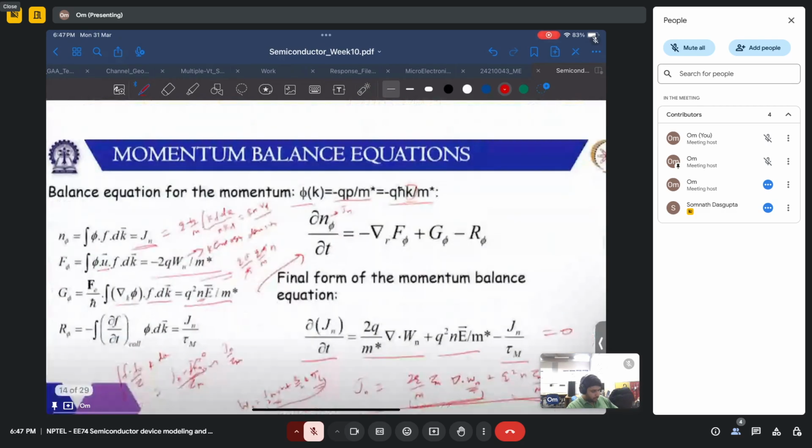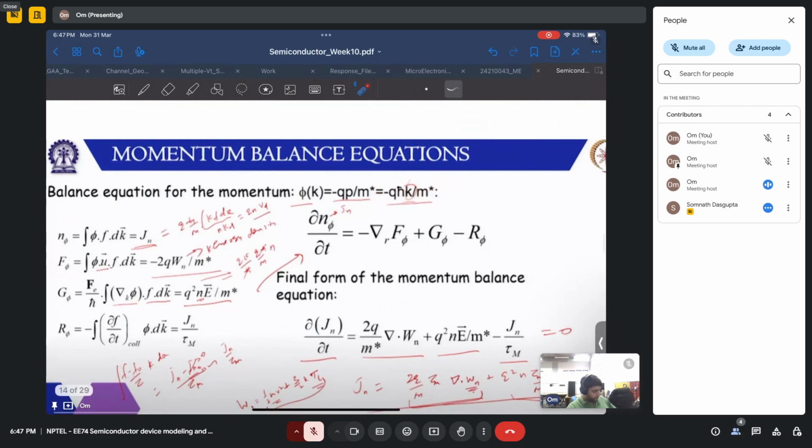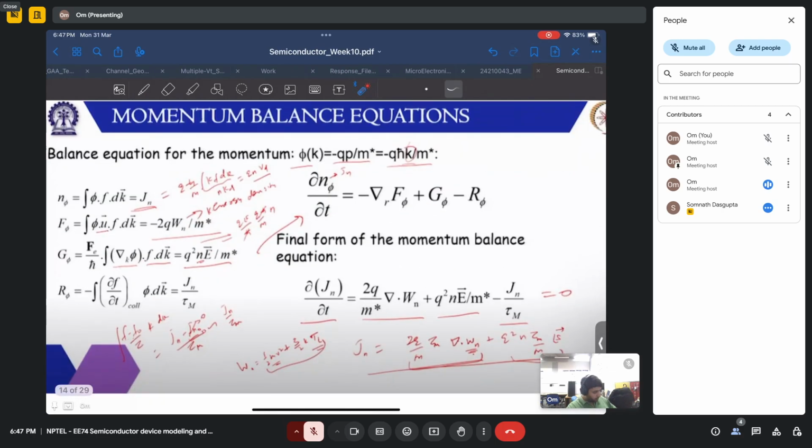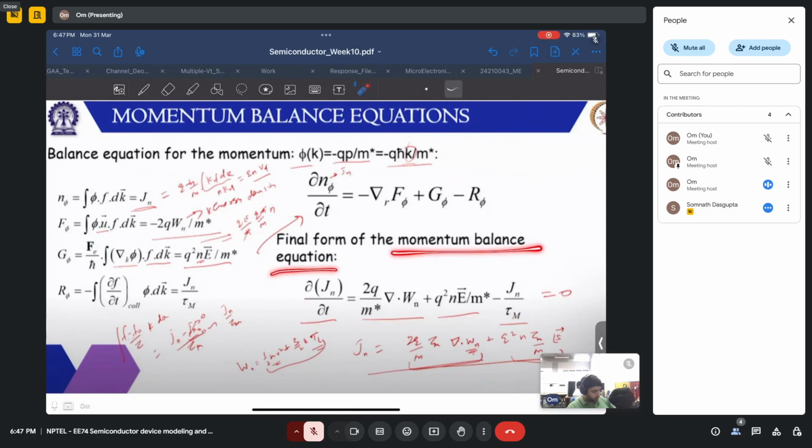Now for momentum balance, we assume phi k as a linear function of momentum, which we have assumed here as minus qhk by m star. In its final form, the momentum balance equation reduces to this, which is the rate of change of current density.